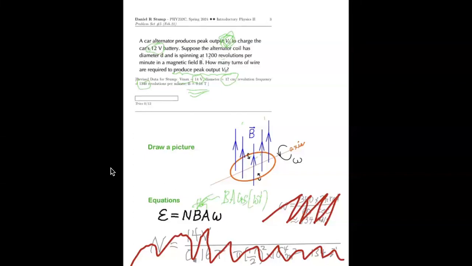Because when the coil is perpendicular to the magnetic field, then you'll have a flux of B times A. That corresponds to t equals 0, or 2 pi, or 4 pi, or 6 pi. When the coil has turned over half a cycle, then you'll have flux in the other direction. So the sign will be the opposite sign. And it'll alternate between the different directions, so you'll get an alternating electromotive force.